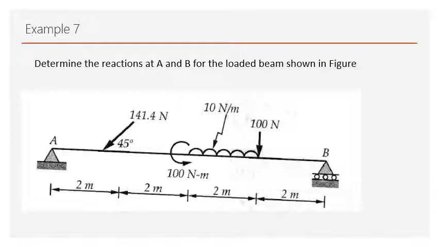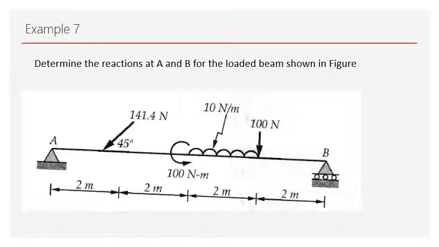Determine, the question will be one and the same. Determine the reactions at the support for the loaded beam shown in figure. Here also the beam is one end hinged and the other end roller. First you have to observe the kind of supports, then you have to observe the loading types.